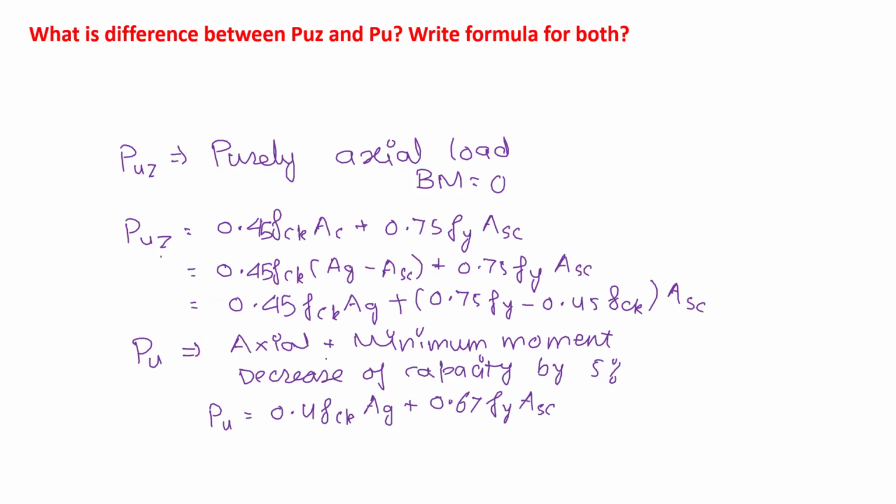The coefficients with fck Ag and fy Asc are reduced by 11%. You can multiply 0.45 by 0.89 and you will get 0.4, and 0.75 by 0.89 gives 0.67.